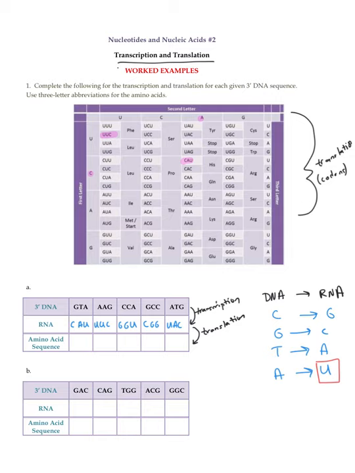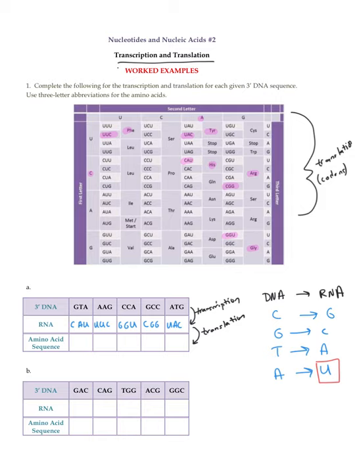My GGU is right here. Those are going to go with an amino acid. My CGG is over here, which goes with arginine, and my UAC is right here, which goes with tyrosine.